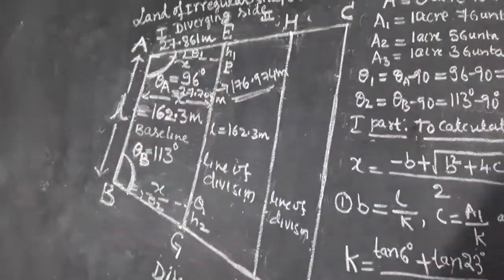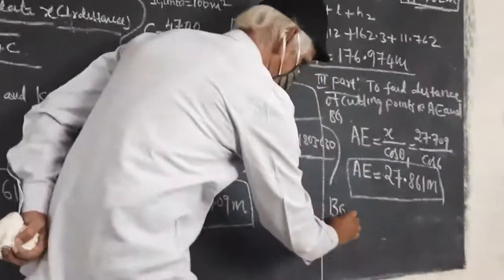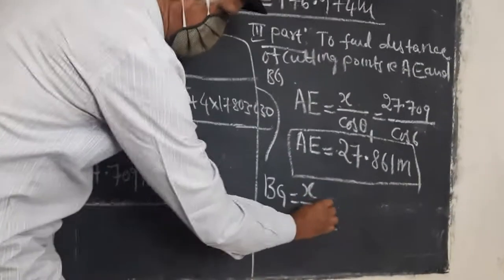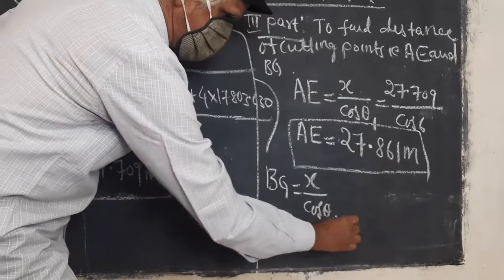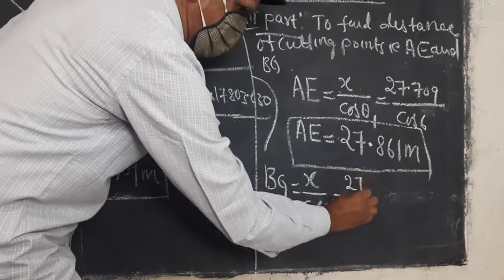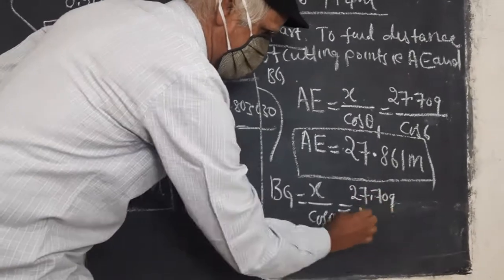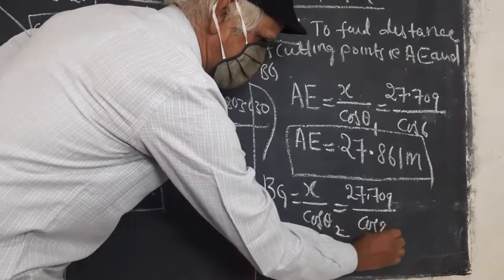Next is BG. So similarly, BG is equal to X by cos theta 2, that is equal to 27.709 by cos 23 degree.